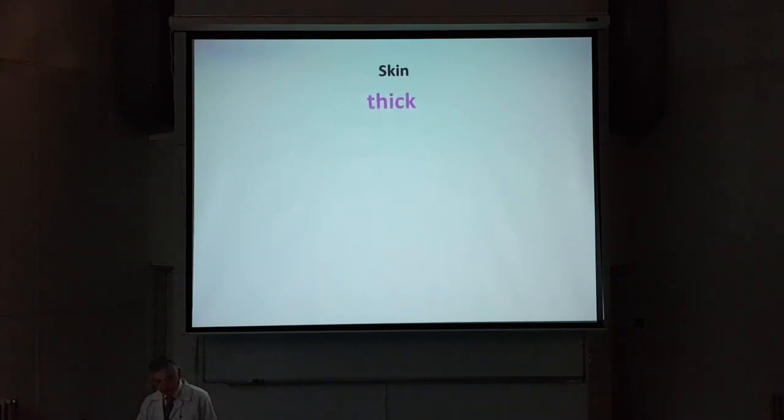Now the skin is thick. We usually think that palms of the hand and soles of the feet are the only areas of thick skin, but we need to add skin of scalp.